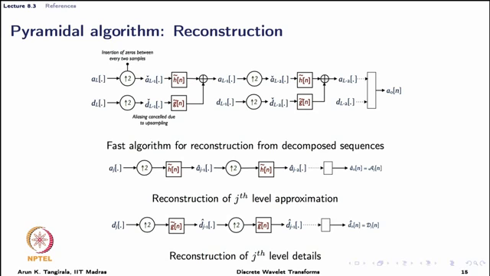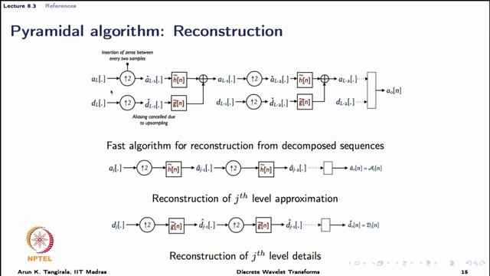So, in this algorithm here, I know A2 for example, or this A at the start, and then the D's at this scale, and then the D's at finer scales, and so on.